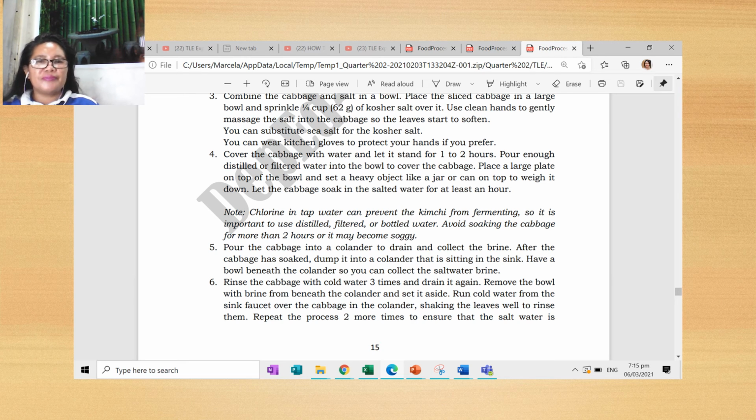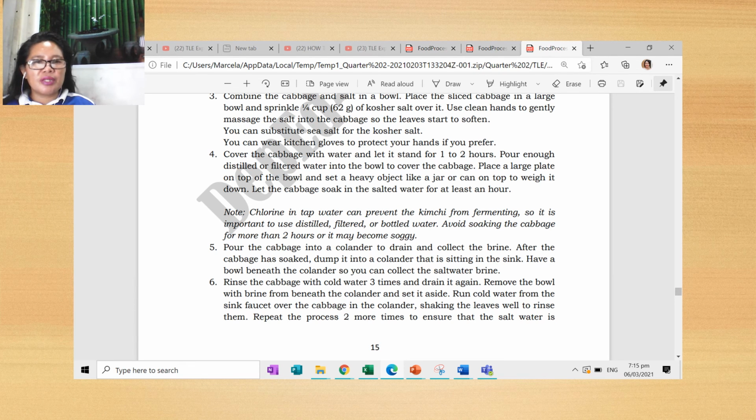Have a bowl beneath the colander and you may collect the salt water brine. Rinse the cabbage with cold water 3 times and drain it again. Then remove the brine from beneath the colander and set it aside.